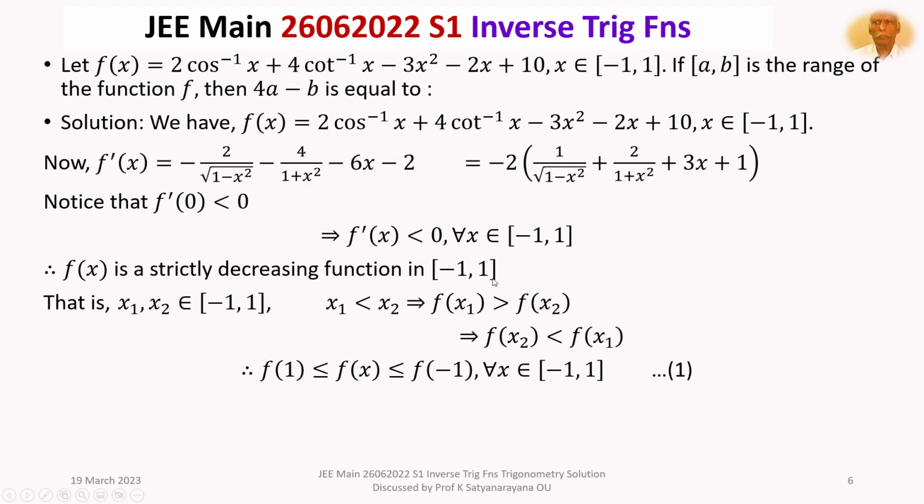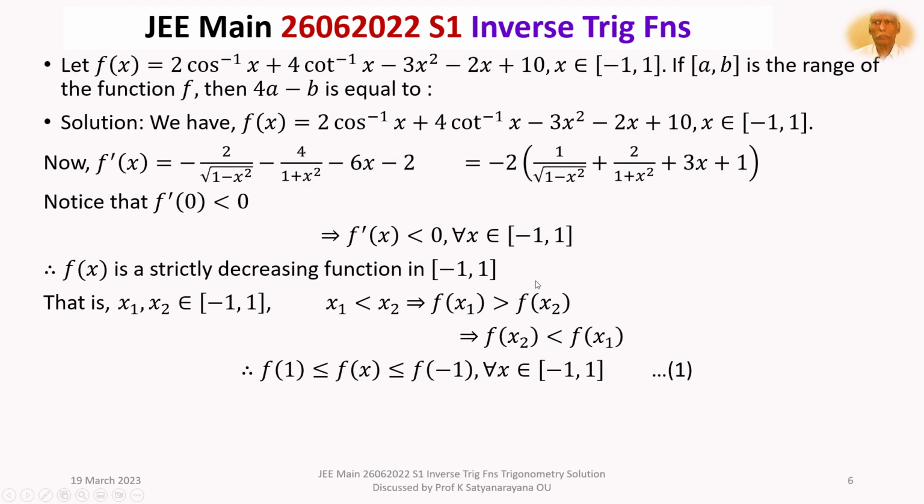So, if you apply, then it will be f of 1 less than f of minus 1. But it takes all values, because it is a continuous function, f of 1 less than or equal to f of x less than or equal to f of minus 1 for all x belongs to minus 1 to plus 1.